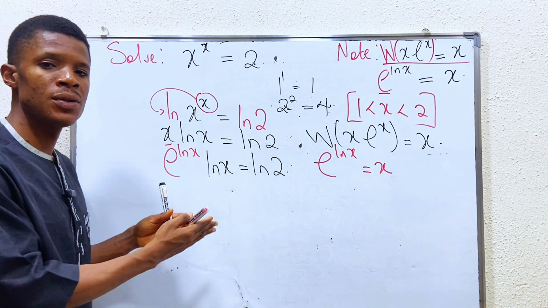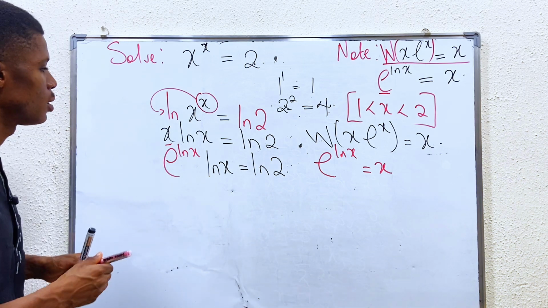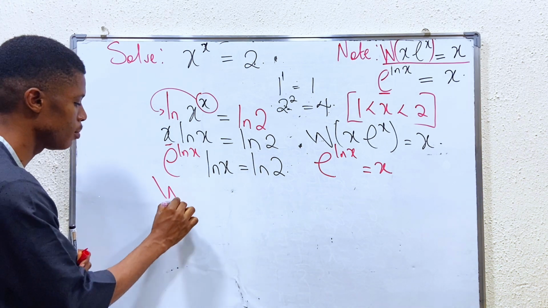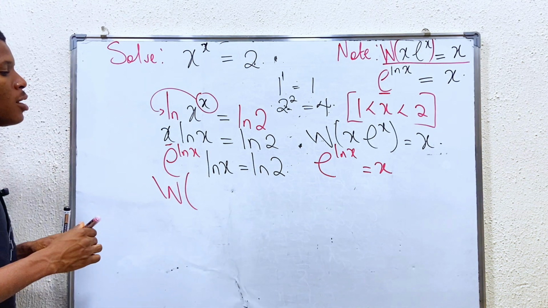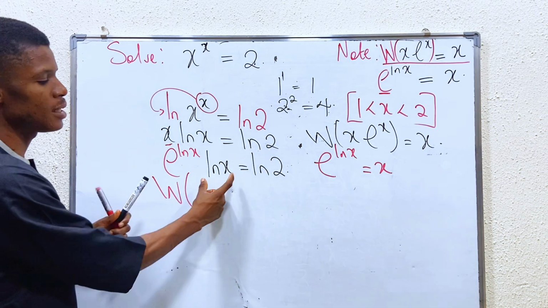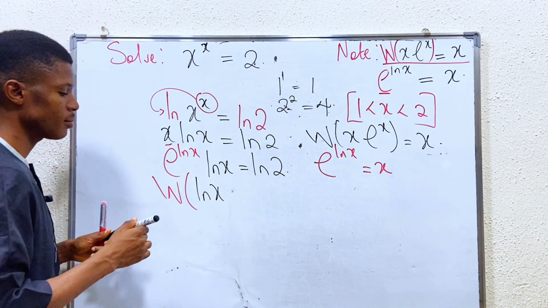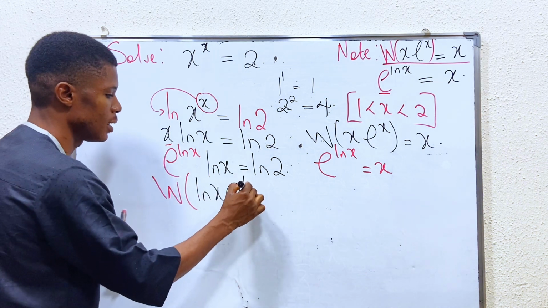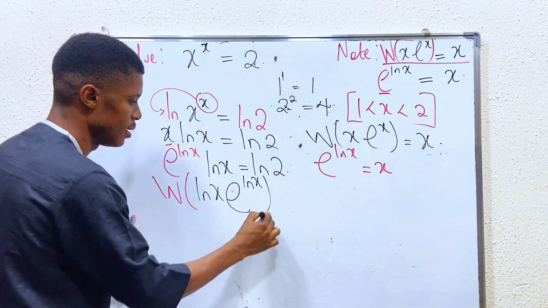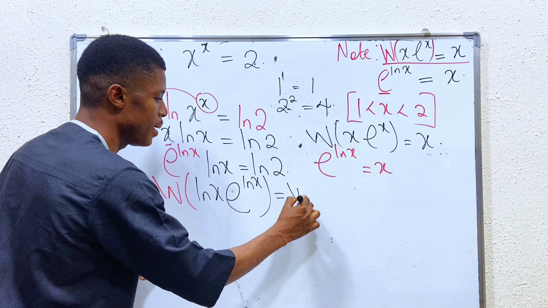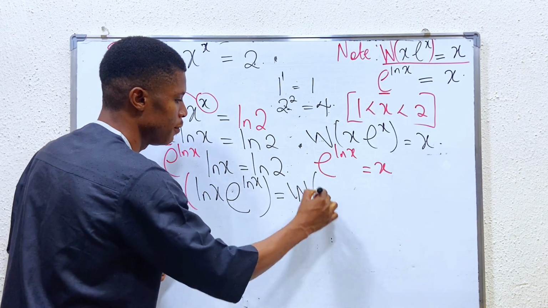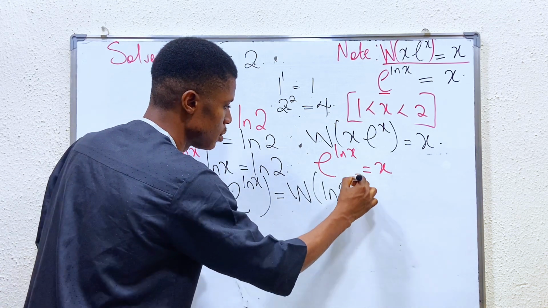We can now input this in the Lambert W function, which will give us the Lambert W function of ln x times exponential ln x is equal to the Lambert W function of ln 2.